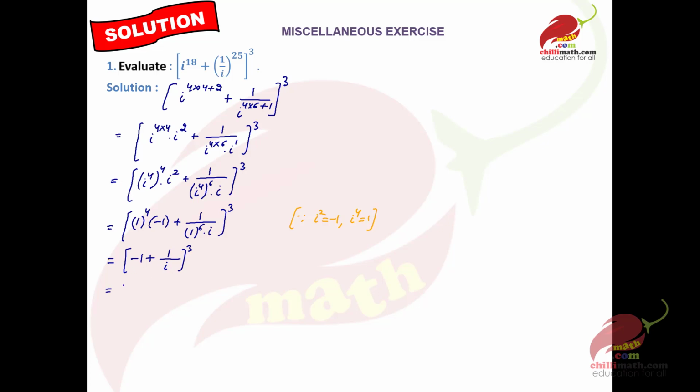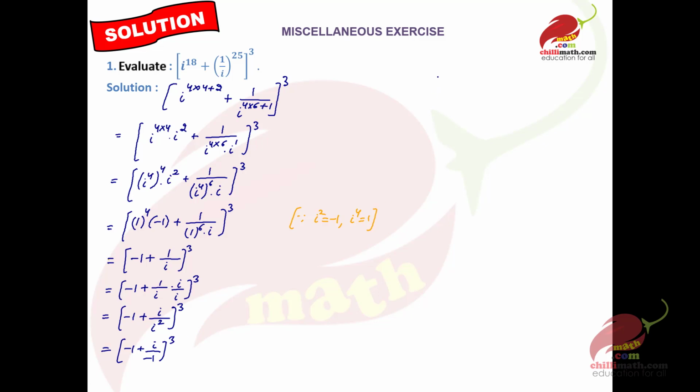Now we have i in the denominator, so let's remove this by simply multiplying and dividing by i. Upon solving, we get 1 into i over i^2. This is minus 1 plus i over i^2, which is minus 1.